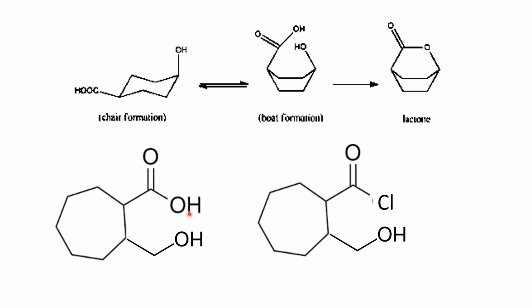Para maka-form ka nung lactone, you will need a carboxylic acid and an OH. So that when this portion here forms, when water is removed, there will be an ester bond formation. And it is a cyclic ester and therefore a lactone.